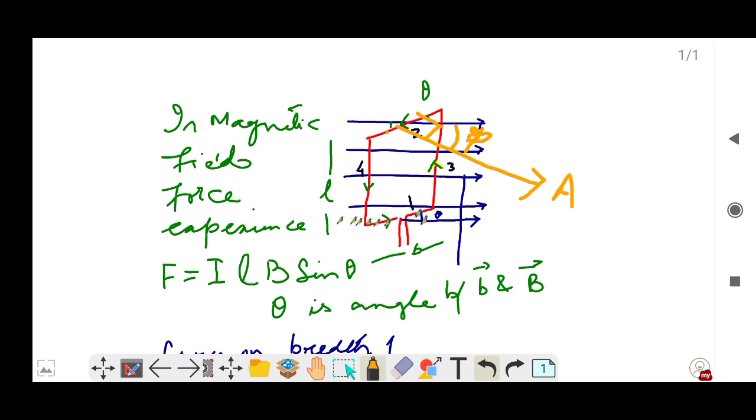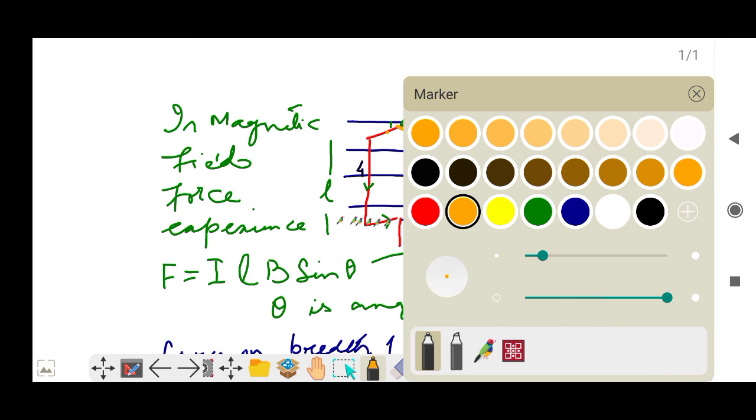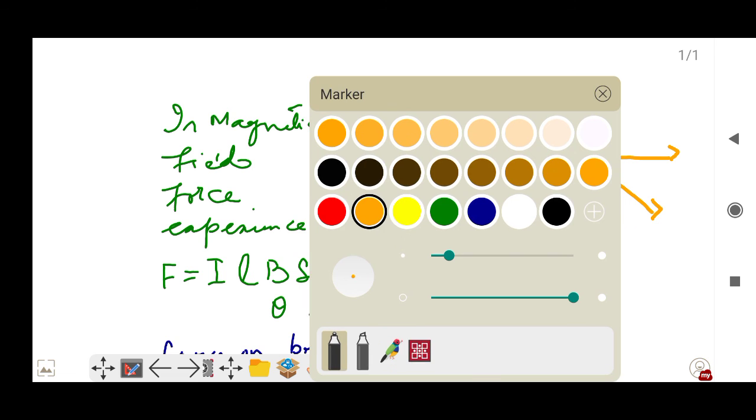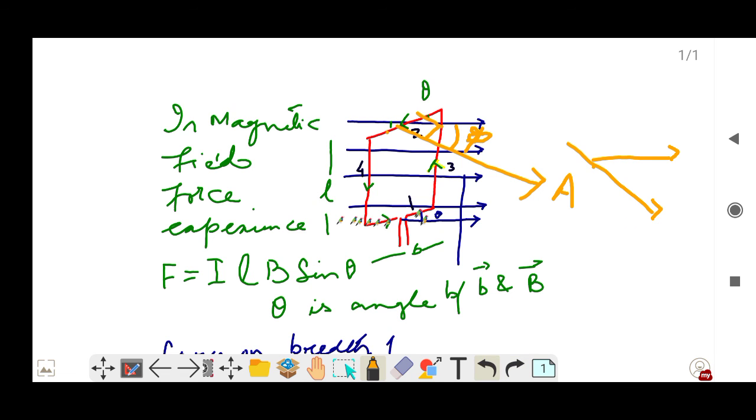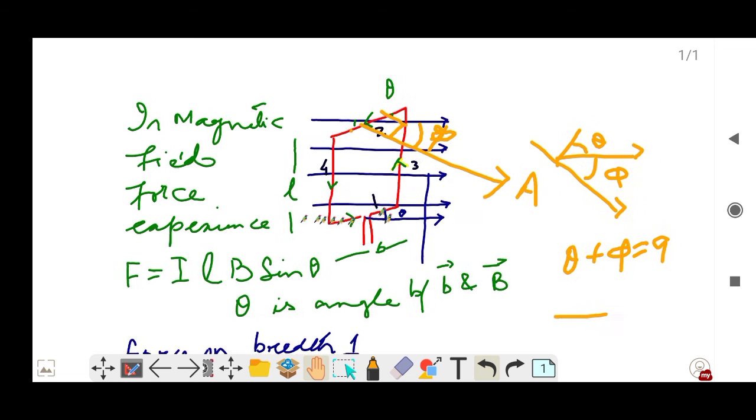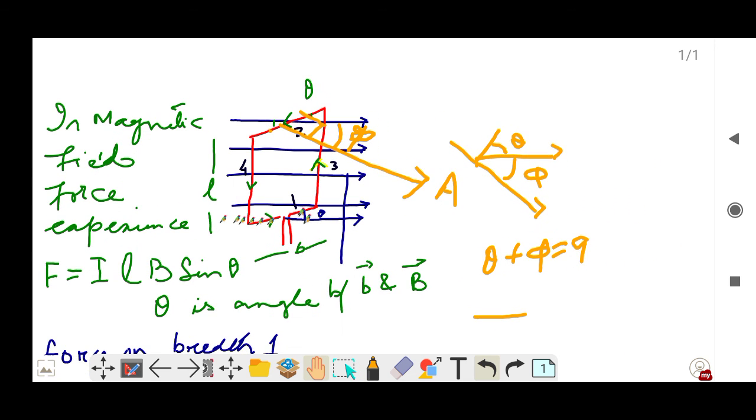This is the area vector, and the breadth, and the angle between them is phi. So you can write theta plus phi is equal to 90.